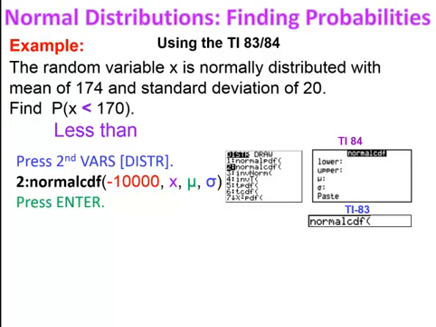Again, you're going to be using that distribution menu, so you're going to need to go to 2nd VARS, and then you're going to choose the number 2, which is the normal distribution. So now when you're doing this, instead of our mean and our standard deviation being 0 and 1, we're going to convert this normal distribution that has a mean of 174 and a standard deviation of 20 to a standardized score by plugging that into our calculator.